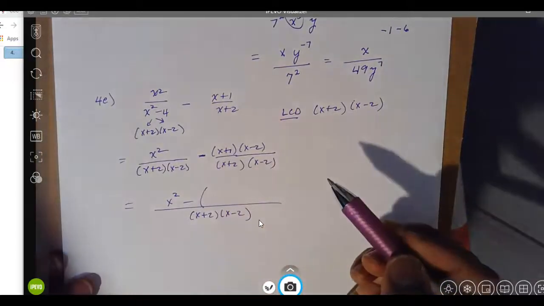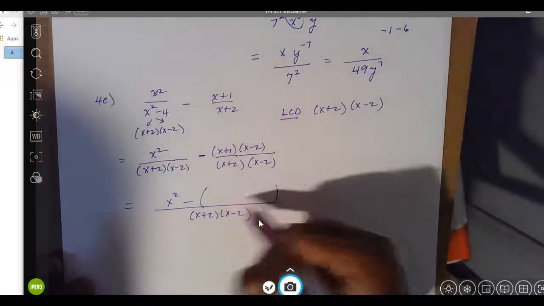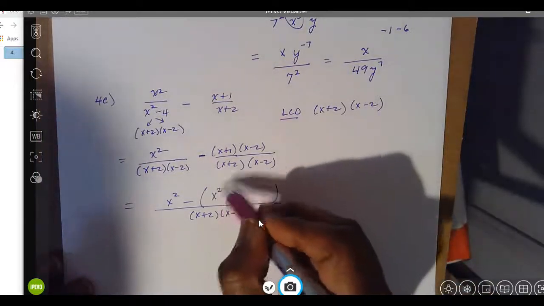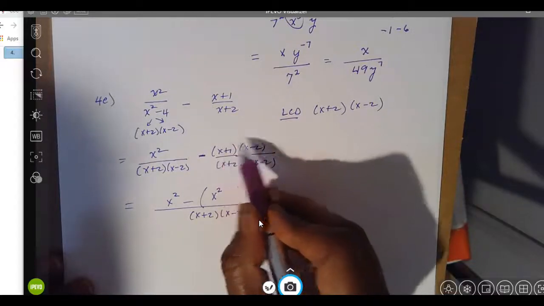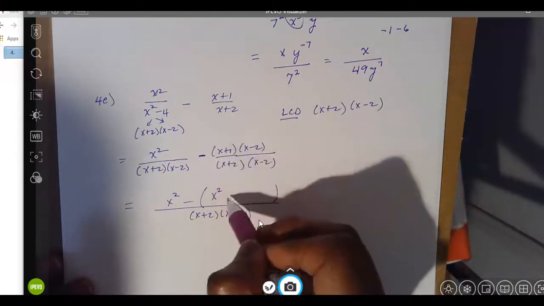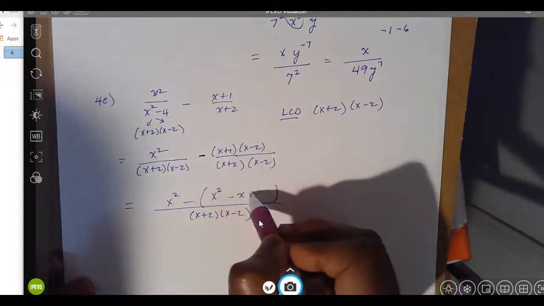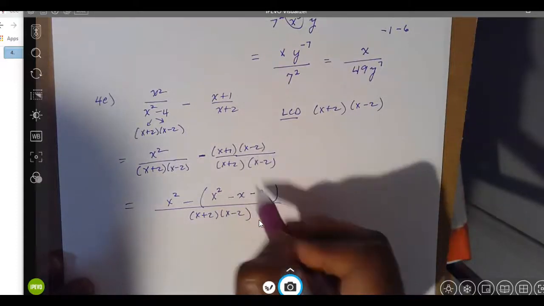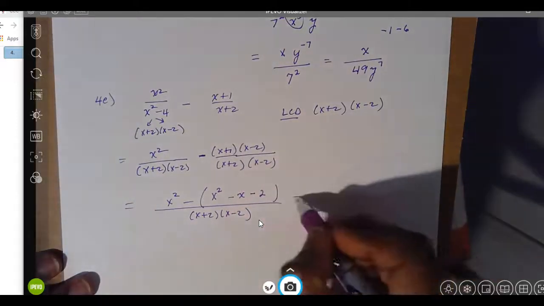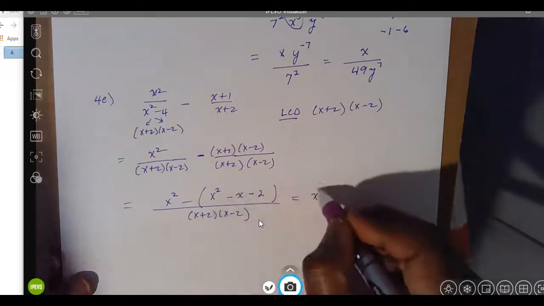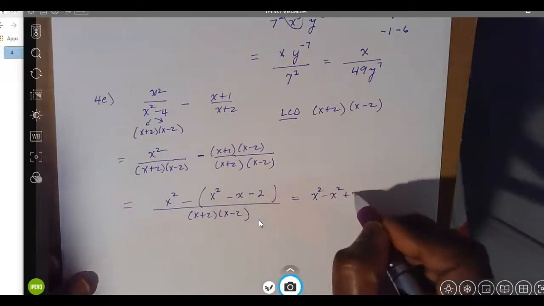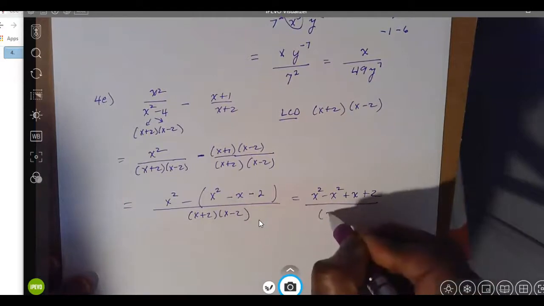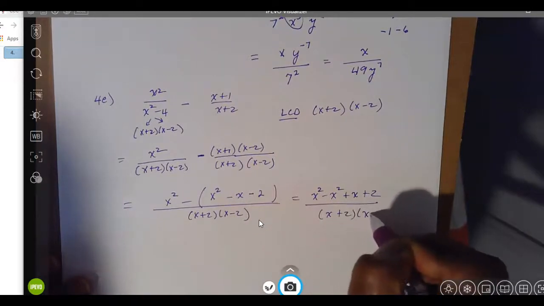So I'm going to start a parentheses to have that multiplied result in here. So that's x squared. Then you have a negative 2x plus x. That's just a negative x, minus 2 there, 1 times negative 2. And now distribute that minus sign carefully, and you'll see some good things happen here.